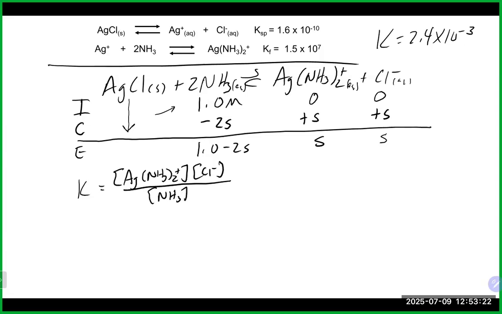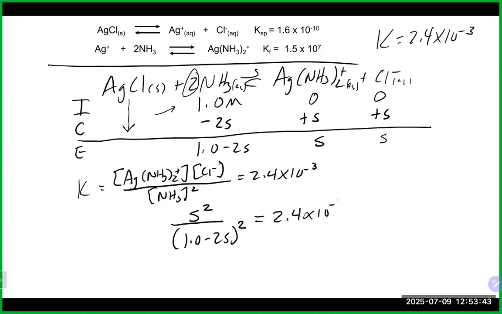And once again, here we do need to square it because of the coefficient. And that will equal our 2.4 times 10 to the minus 3. Putting in our values here gives us basically S squared on top divided by 1.0 minus 2S. And we again do need to square it equals 2.4 times 10 to the minus 3.